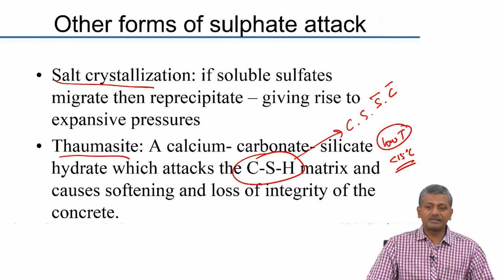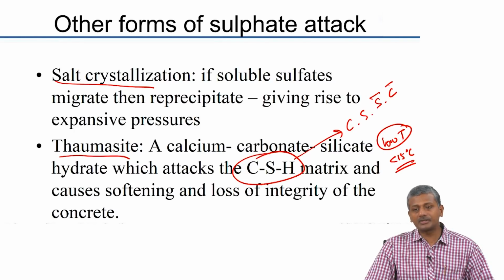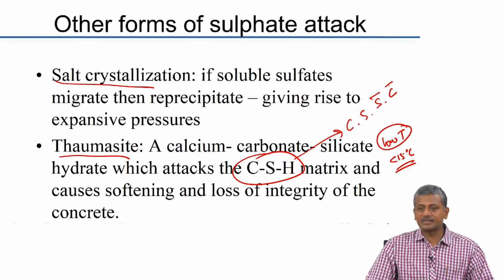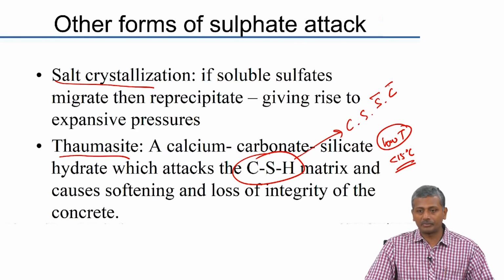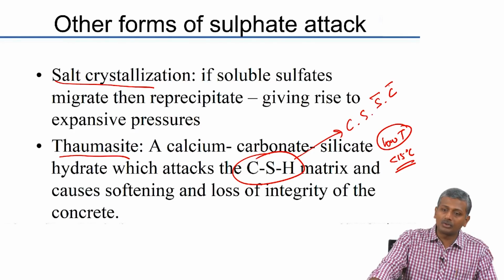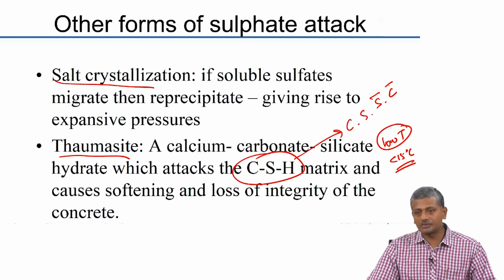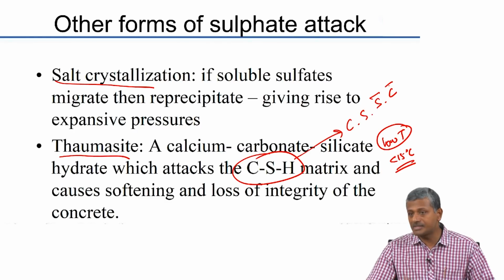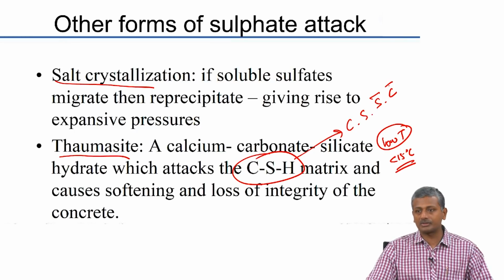Well, I would not say that this reaction does not happen at higher temperature. There have been evidences of thaumasite formation even at higher temperature, when you are talking about 20 to 25 degrees Celsius, but the chances are less that thaumasite would form at that temperature, and sometimes they are formed without any carbonate sources in your aggregate also. Why does that happen? Because there is some amount of CO2 dissolved in water, especially from outside. If you have seawater especially, it will have a lot more carbon dioxide dissolved. So, you can get thaumasite formation in those conditions.